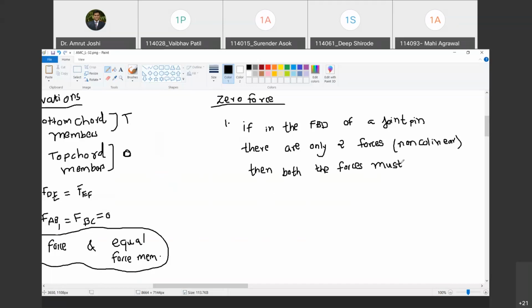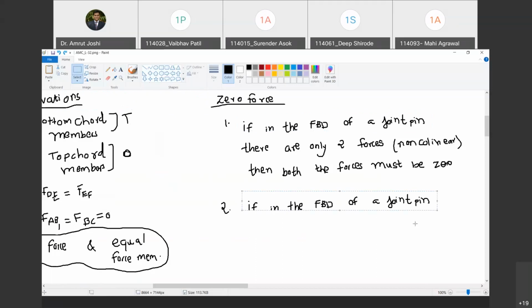We will not be able to use that law in this example, but I am stating it for completeness. Forces must be zero. Happy? Yes, sir. Second law. Now, if, so I will borrow this statement, if in the FBD of a joint pin, so we will state this law and then we will stop for today.